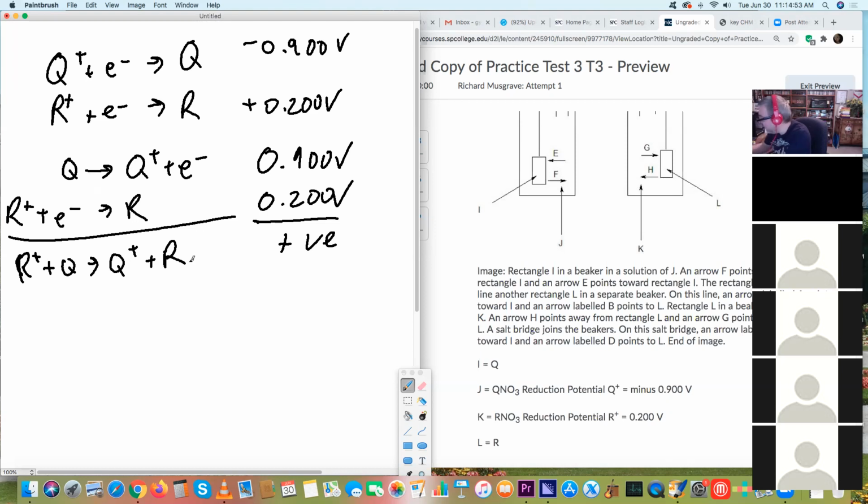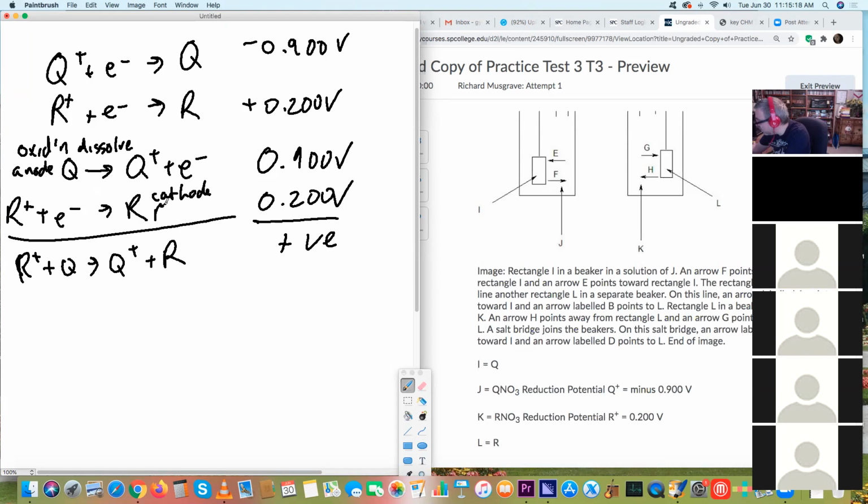Now we can do the same thing as I did earlier. The Q going to the Q plus an electron, that's going to be the oxidation. It's going to be the anode, and I know it's going to be dissolving. And the other one is the cathode.